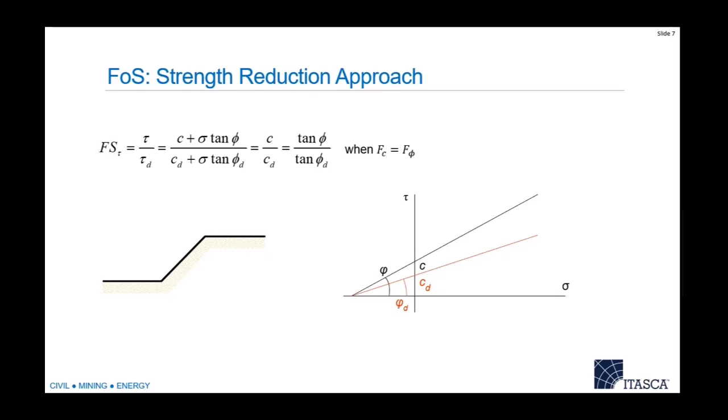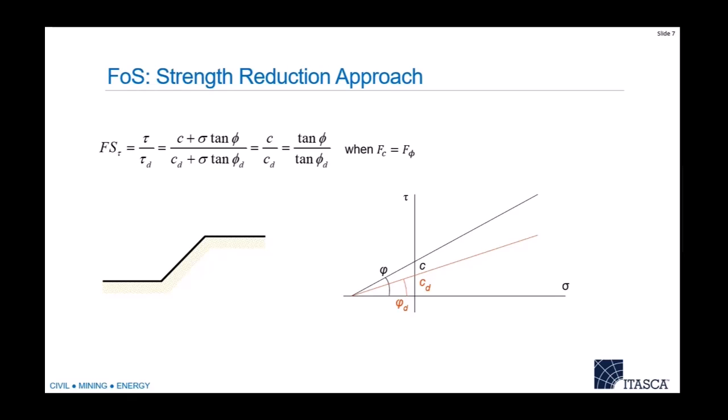So if you haven't seen it before, this is the way it works. You essentially take the shear stress divided by, now which way is it? I gotta see if I get it right in my head. The actual shear stress goes on the bottom, and the shear strength goes on the top.